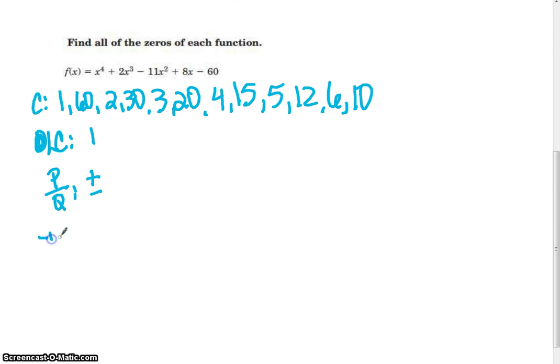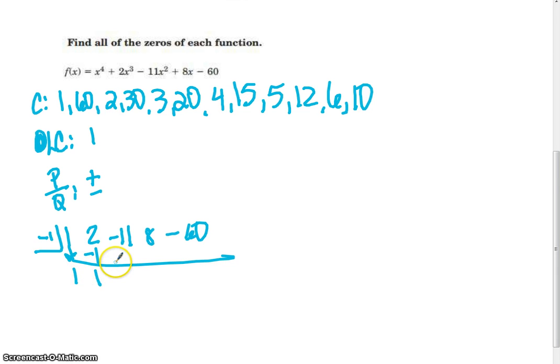If you did -1 for synthetic division, you would have 1, 2, -11, 8, -60. Bring down your 1 and you have -1. Bring down your 1, -1, -12, positive 12, 20, -20, -80. All right, that is not going to work. That's a bad one.